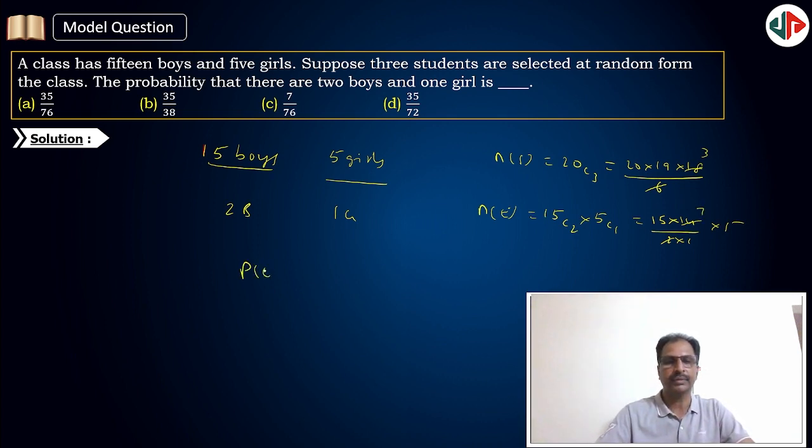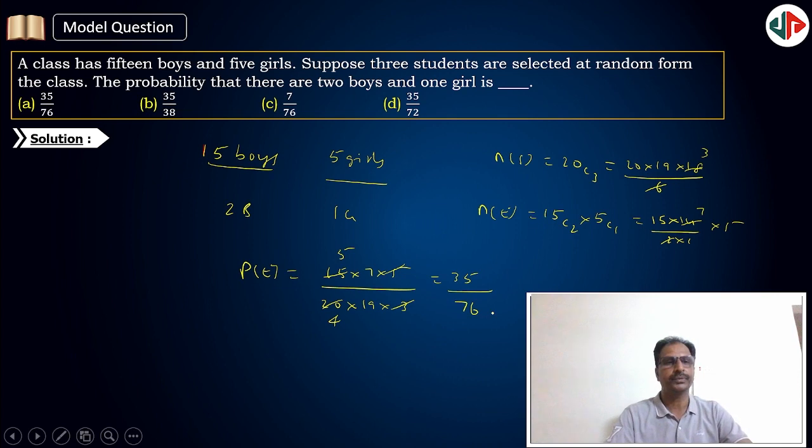So what will be the required probability n of E by n of S, which is 15 into 7 into 5 by 20 into 19 into 3, 3 5 times, 5 4 times. So this is nothing but 35 by 76. Option A.